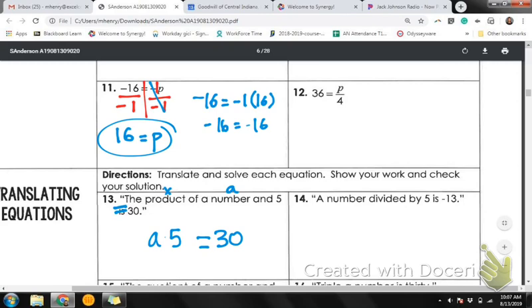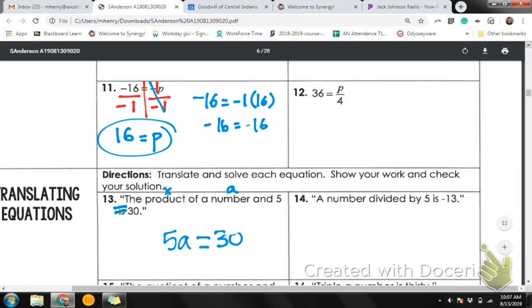A dot 5? You could. The most common way you're going to see it, and I would encourage you to do it this way, is to do 5A. Put your coefficient first and then your variable. I would not separate them by a parenthesis. I would not separate them by a dot. Just smash them together.